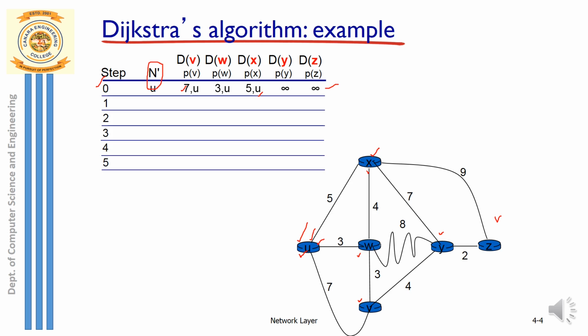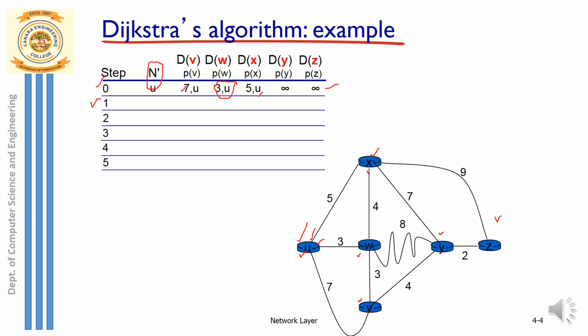And now we have our step 1, the next iteration, wherein when I compare all these distances, I can see this is the least distance, 3 comma U, which is the shortest distance. And that means what? I have already calculated the shortest path from the node U to W, and that shortest distance is nothing but 3.